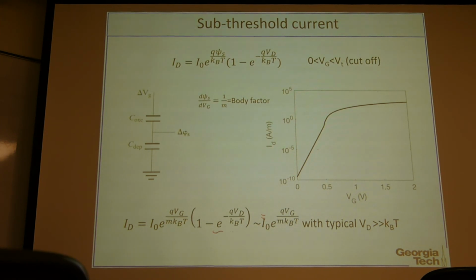So you can ignore this term. Then the drain current will depend exponentially on the gate voltage. That's why when you draw this curve, if you take the log of ID, you will get log I0 plus q Vg over mkT.